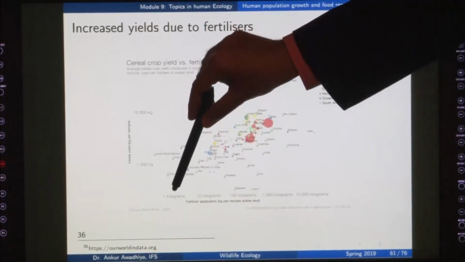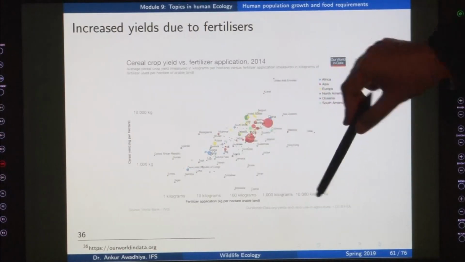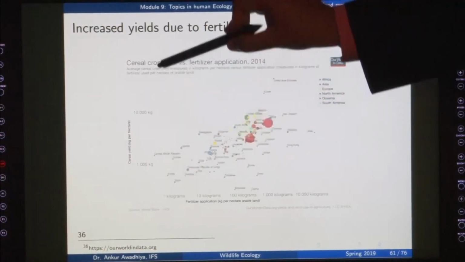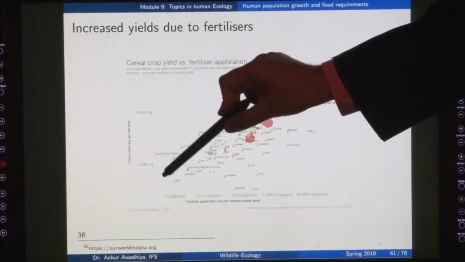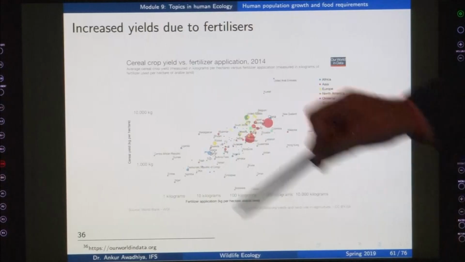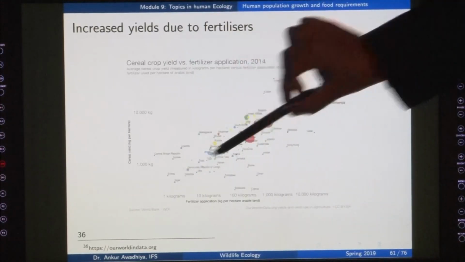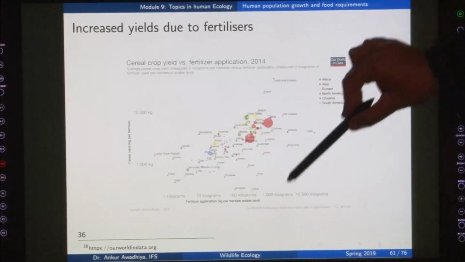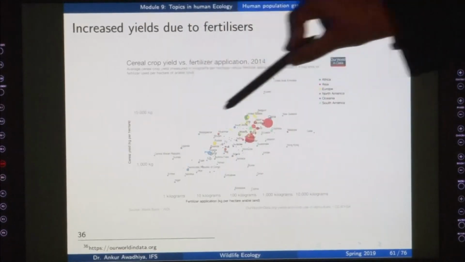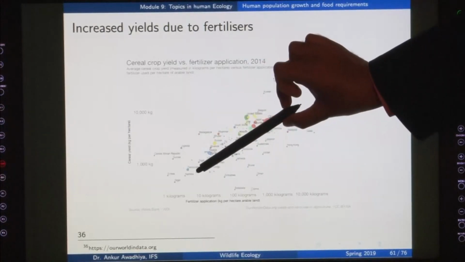So, it moves from 1 kg to 10 kg to 100 to 1000 to 10,000, and on the y axis, again a logarithmic curve, we have the cereal yield in kg per hectare. So, here we can see that roughly there is a correspondence. The more fertilizer you use in any piece of land, the more will be the yield. So, roughly this line would denote the curve.